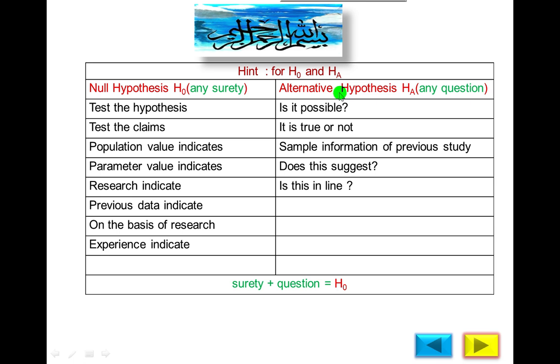So how will we decide whether the given statement or given value represents the null hypothesis or alternate hypothesis? As I have already explained, the value will be the same. In the first question, the value of mu in H0 and HA both are 10.